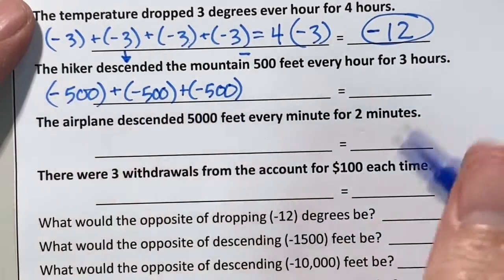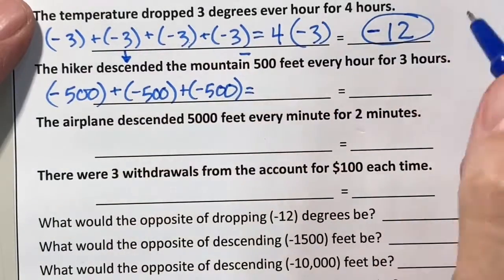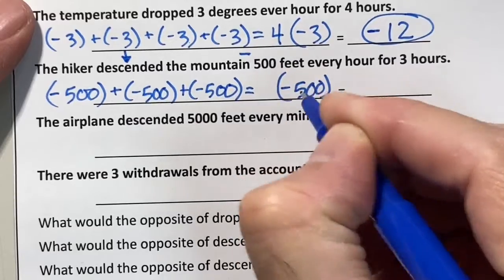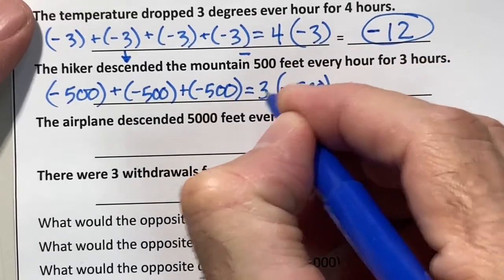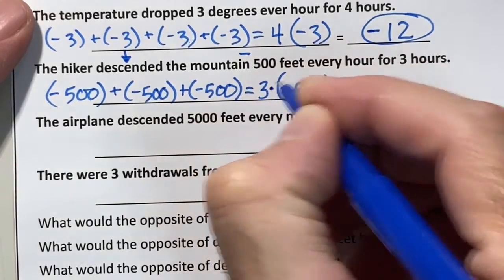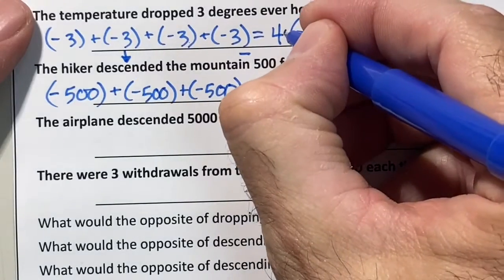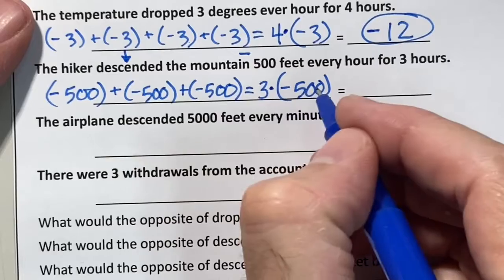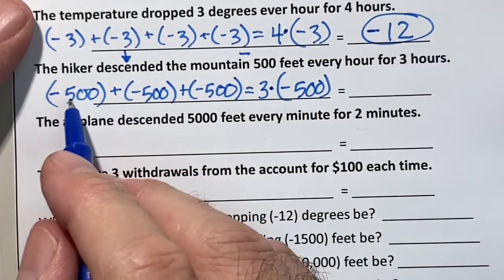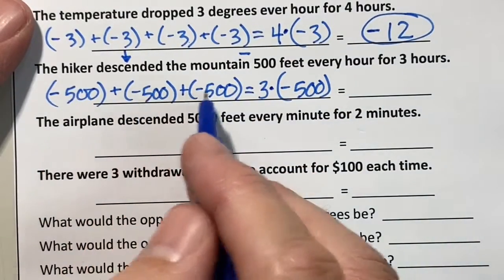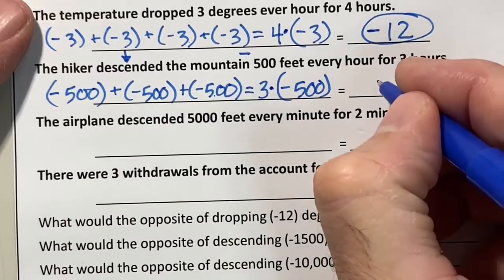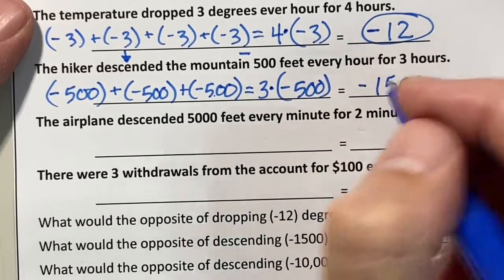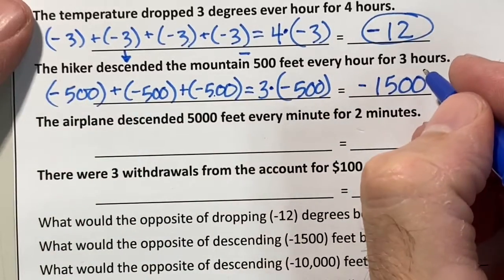Another way we could write that is -500 feet times 3. We could even put a little dot in there, which means multiplication as well. So 3 times -500: 500, 1,000, 1,500. That would be 1,500 feet that the hiker had gone down the mountain.